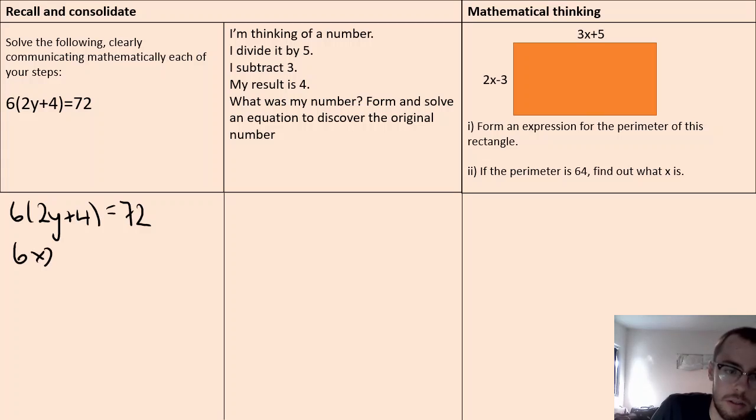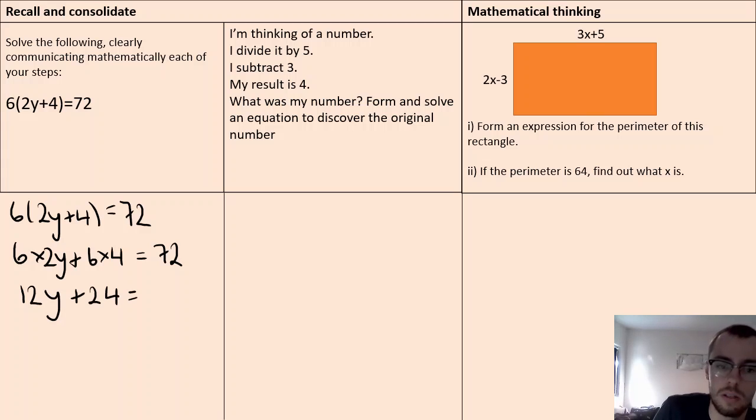Six times 2y plus 6 times 4 is equal to 72. 12y plus 24 is equal to 72. Feel free to use your calculator at this stage, or your written subtraction methods. We're going to subtract 24 from both sides.